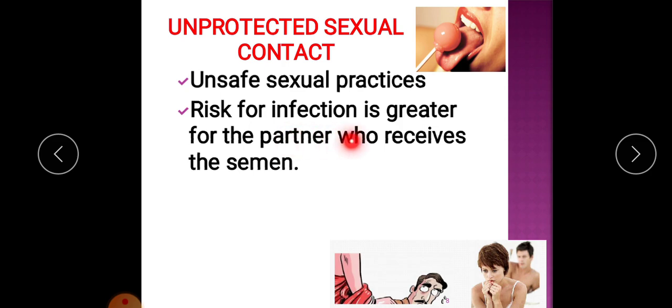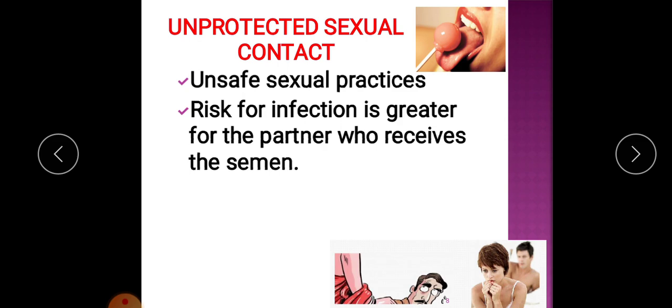Another is the risk for infection is greater for the partner who receives the semen. So for example, in the oral sex, if the one who performed the oral sex is the receiver of the semen, then there's a chance, especially if mucous membrane wounds or mouth ulcers are present. So by that wound, then the HIV could penetrate.